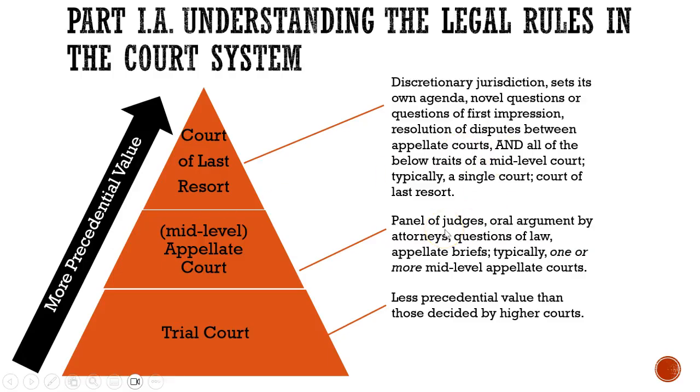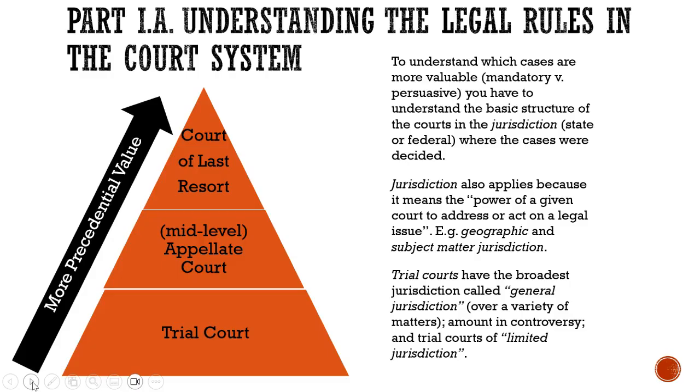There will be a panel of judges, oral arguments, appellate briefs, only dealing with questions of law, and then, of course, we don't have more than one court of last resort in a state. In the United States, there's the United States Supreme Court.